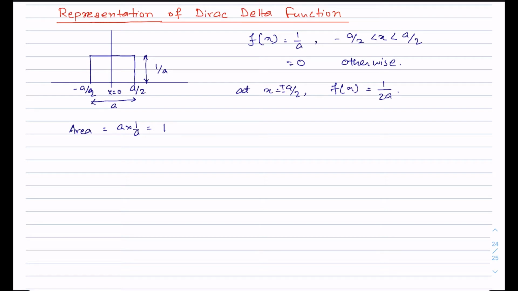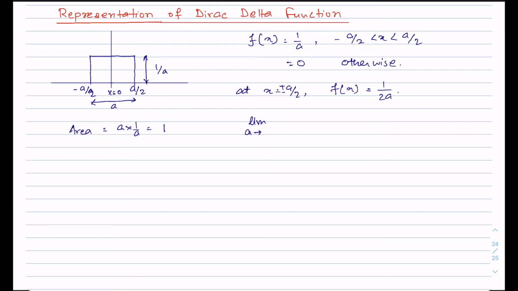Now this rectangular function will behave as a Dirac delta function in the limit a tends to 0. So in the limit a tends to 0, f(x) will behave as a delta function.